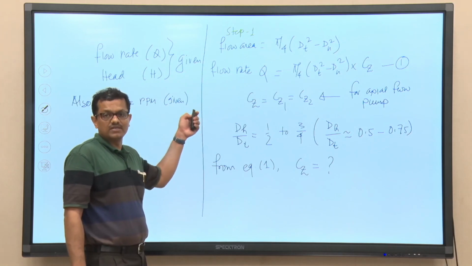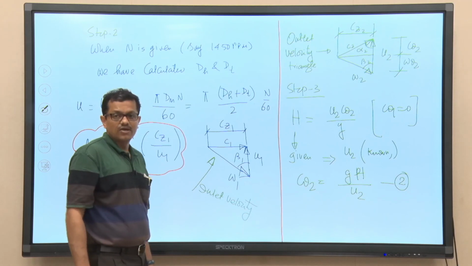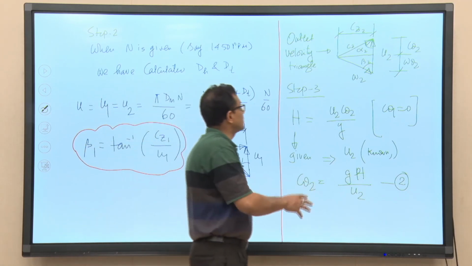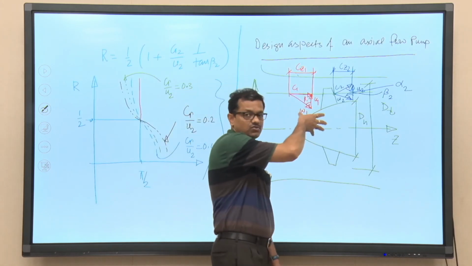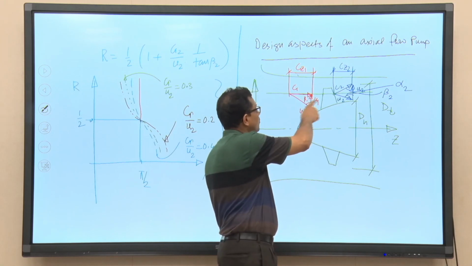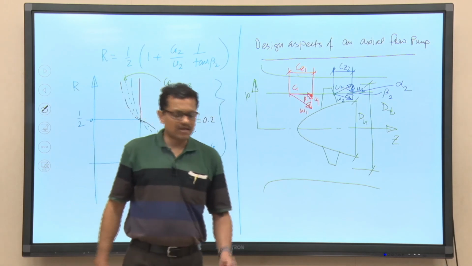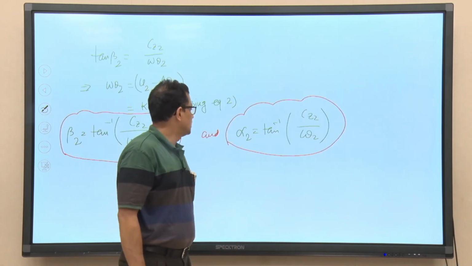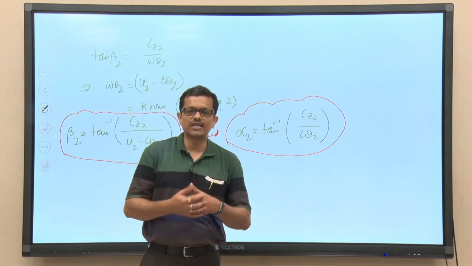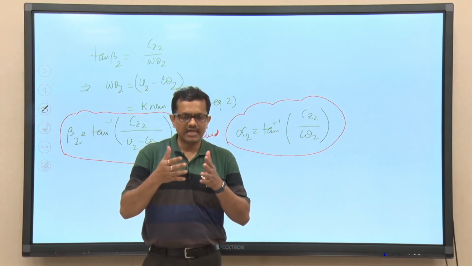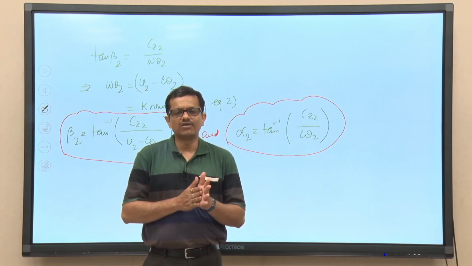Following the steps we discussed today methodically, step 1, step 2 and step 3, we can calculate the design parameters, that is, looking at the velocity triangles, beta 1, beta 2 and alpha 2, right. So, this will help a designer quickly design the pump based on the requirement in practical applications. So, with this I stop here today, and we shall continue our discussion in the next class.